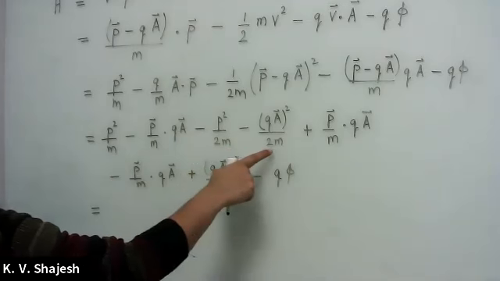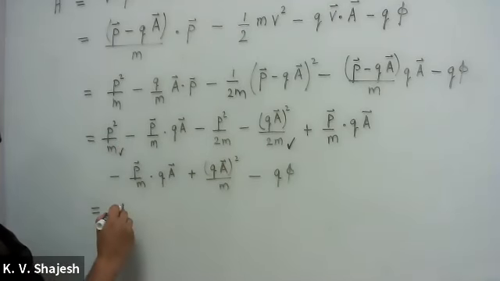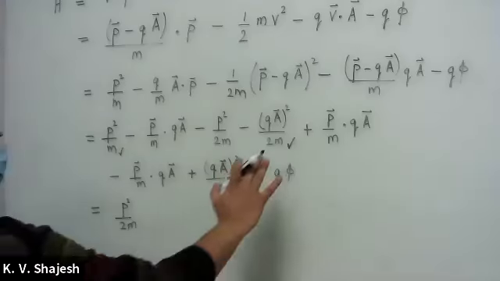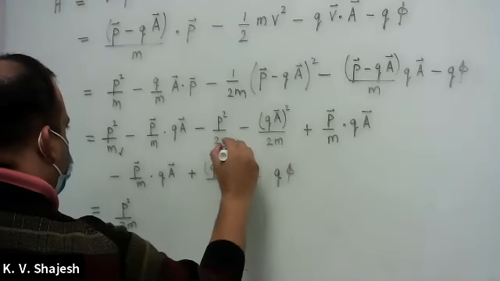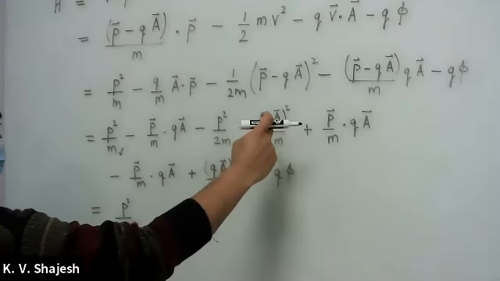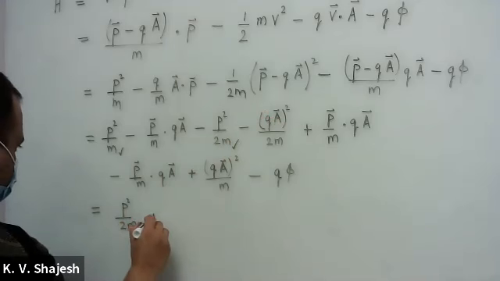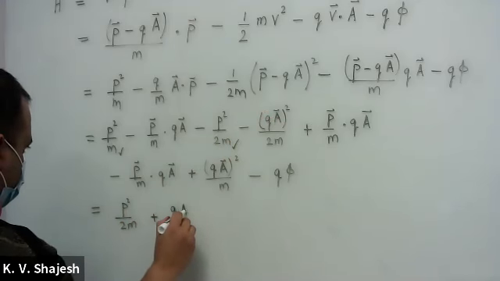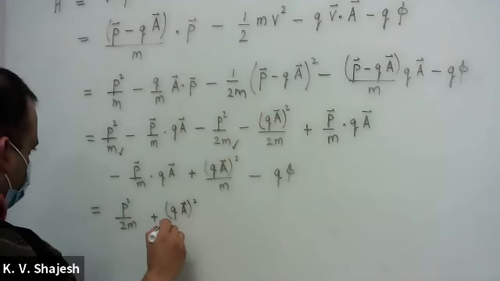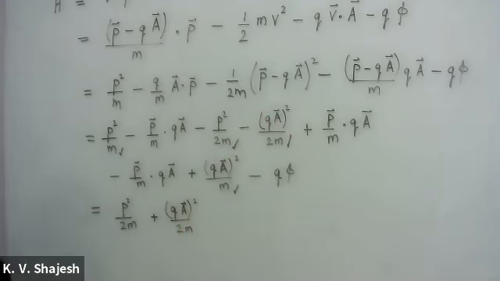This is p square over m, p square over 2m. That's p square over 2m. P square over 2m is here. And then I have qa over m, qa over m, so that's plus 2a square over 2. That's these two terms.